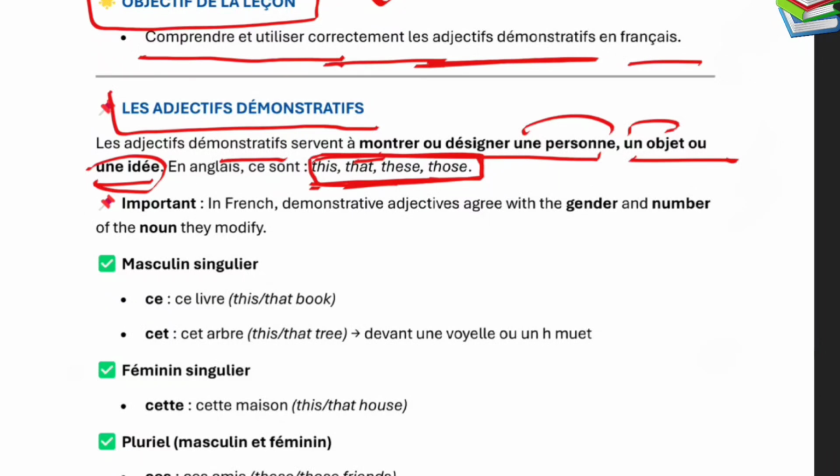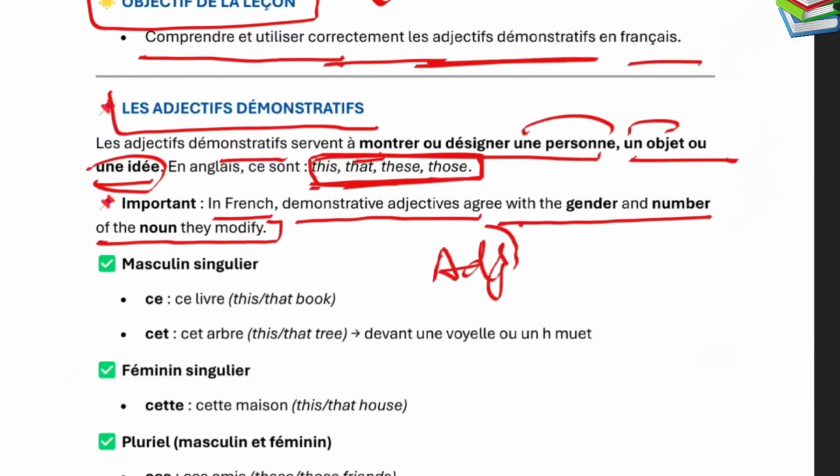Okay, now something important that comes up is that in French, demonstrative adjectives agree with the gender and number of the noun they modify. Okay, so adjective, when we say adjective, what is the work of adjective? To qualify a noun.